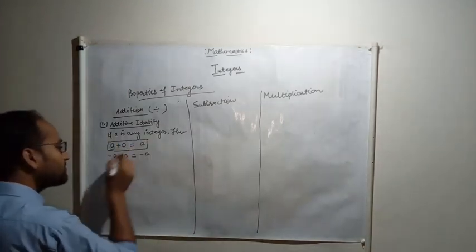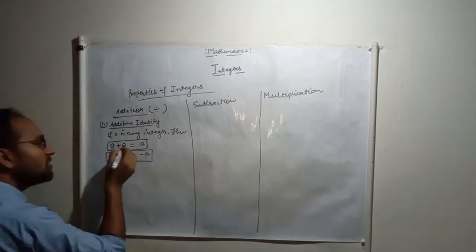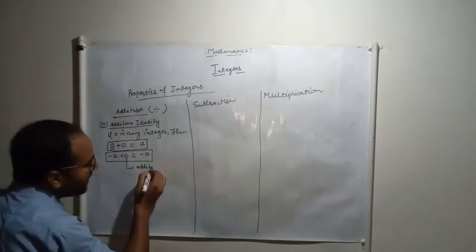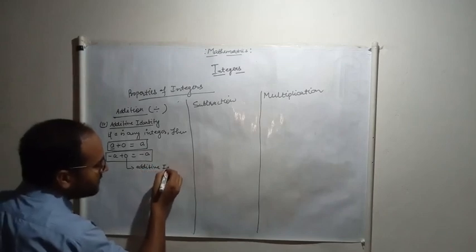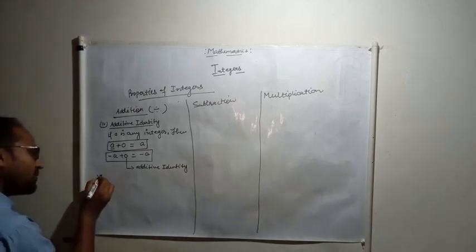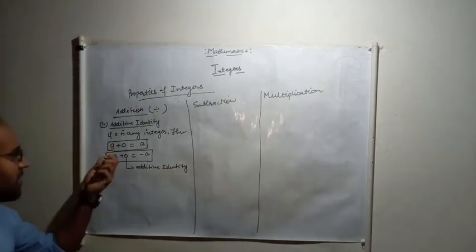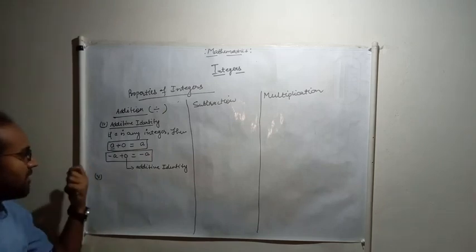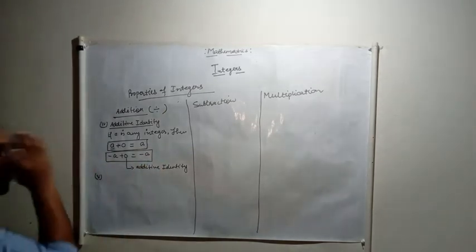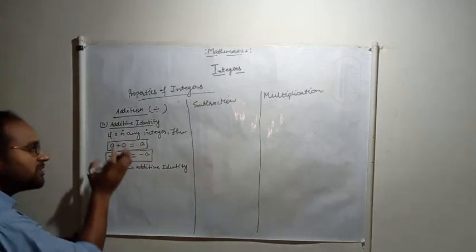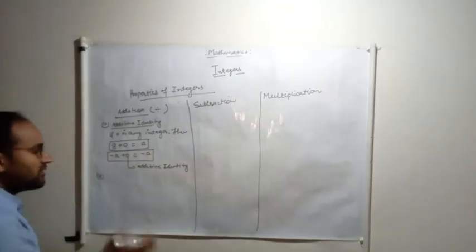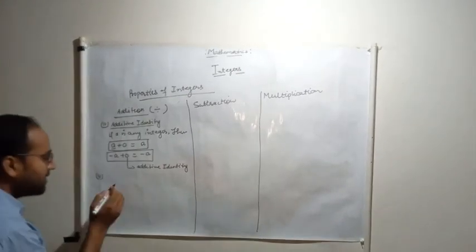So 0 is called the additive identity. For example, 10 plus 0 you get 10, minus 5 plus 0 you get the same integer minus 5. So always remember that the identity is not changed by adding 0. So 0 is called the additive identity.